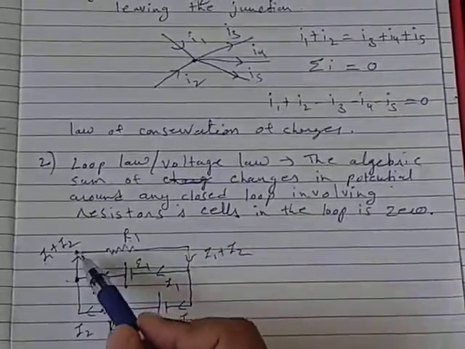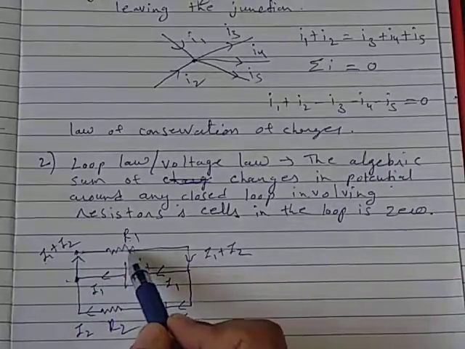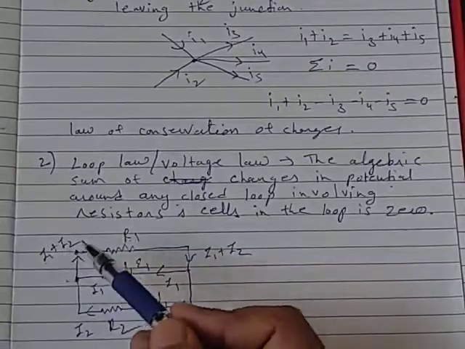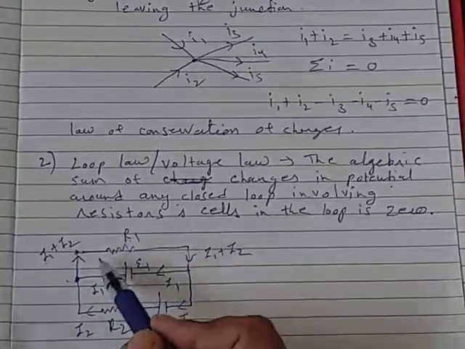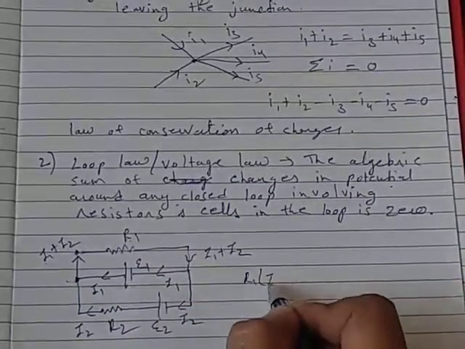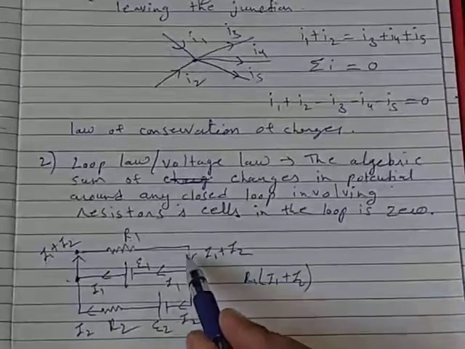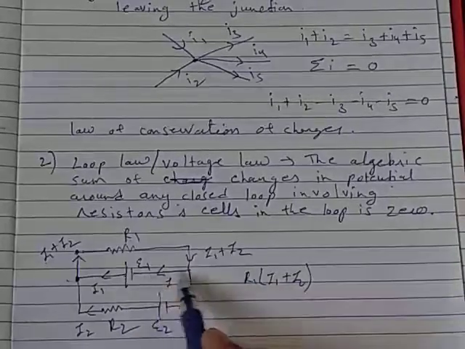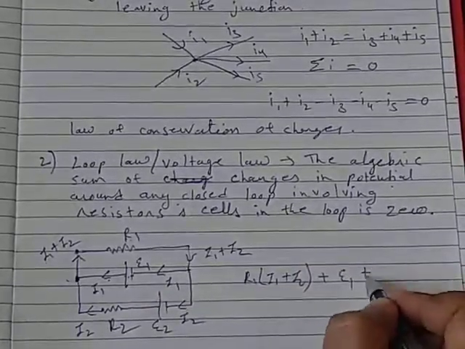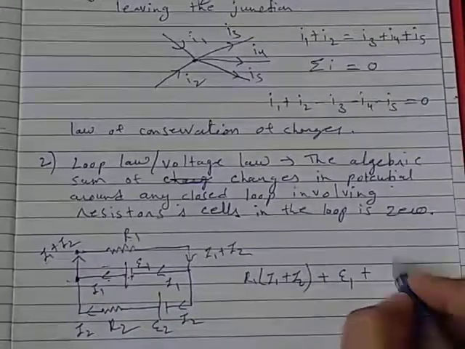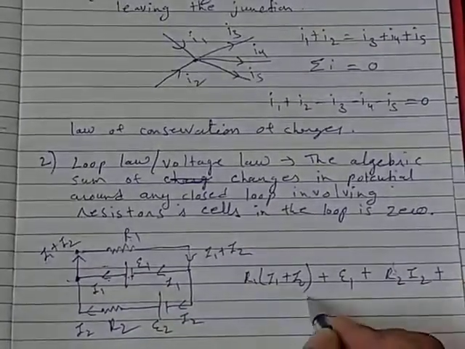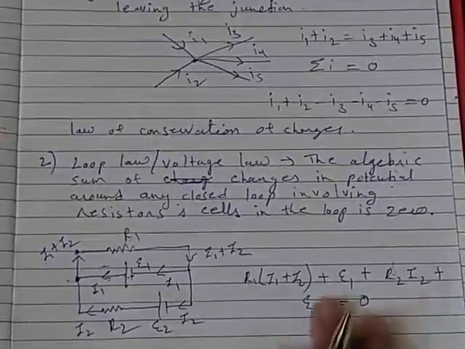If you go from here, the potential is the multiplication of current and resistance. So this potential will be R1 times I1 plus I2, then plus E1, then if you go there, R2 times the current I2, plus E2 is equal to 0.